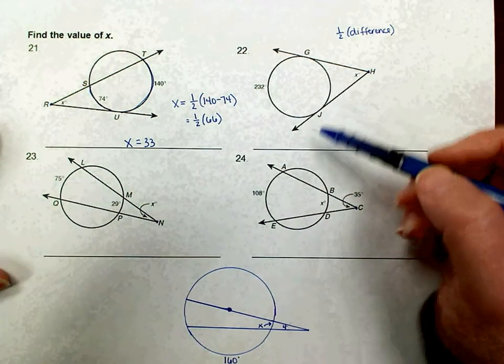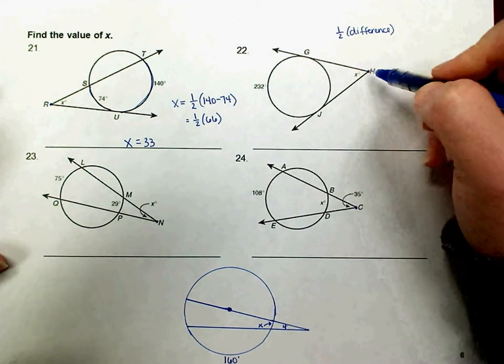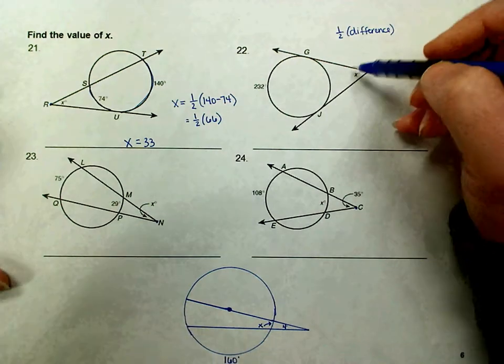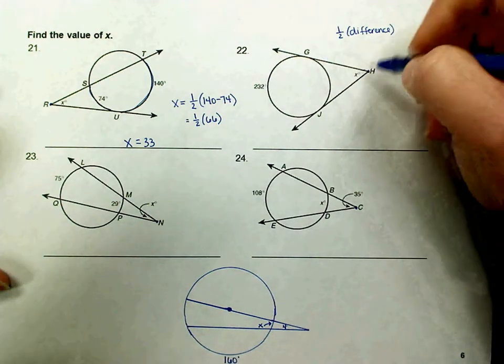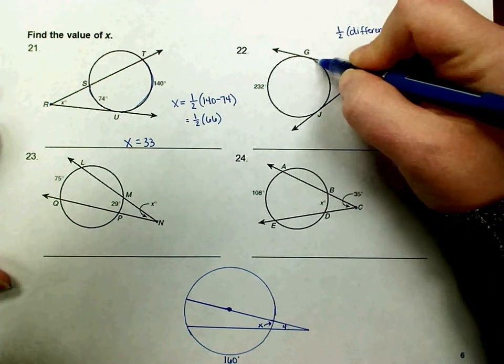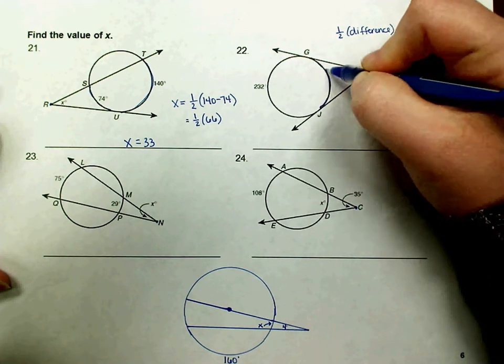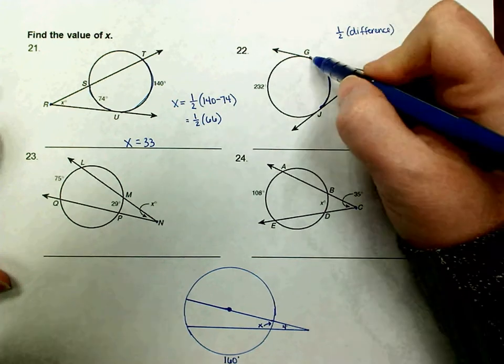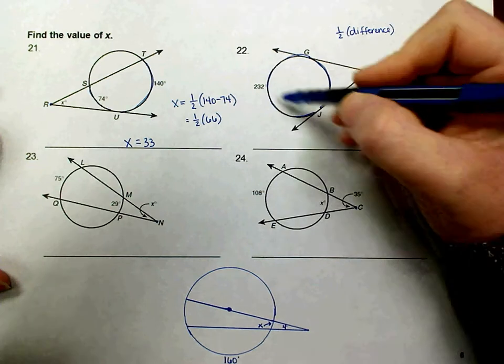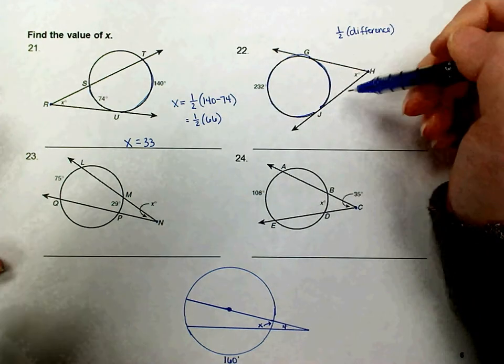Number 22, you're finding the value of x in this angle whose vertex is outside the circle. When you follow the sides of the angle, you go to G and J here, and so one of the arcs is G to J on this side, the other arc is G to J on that side. So together, the two arcs that you're going to be using make up the full circle.